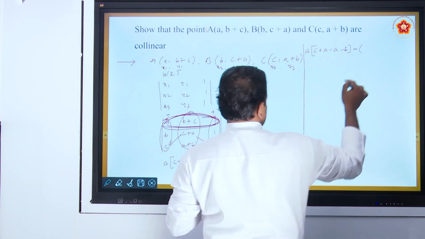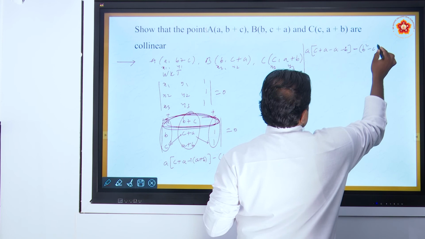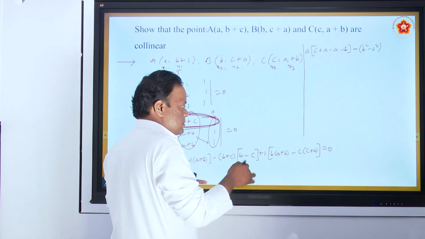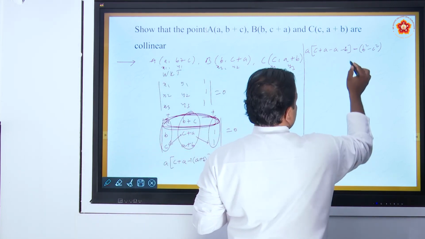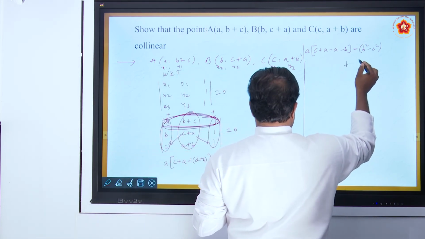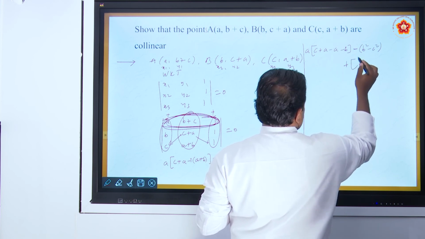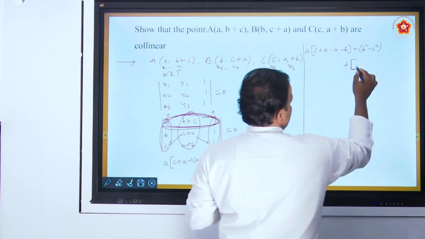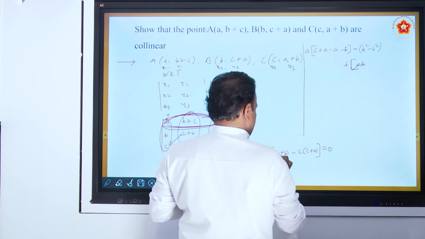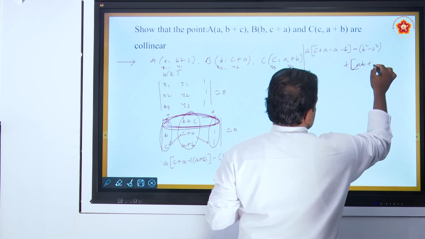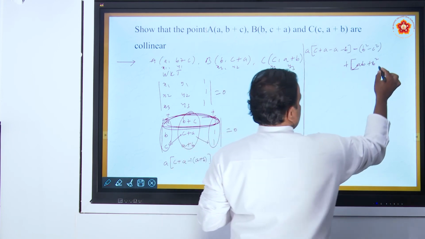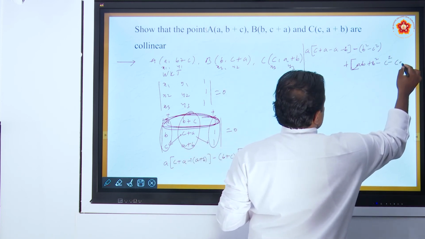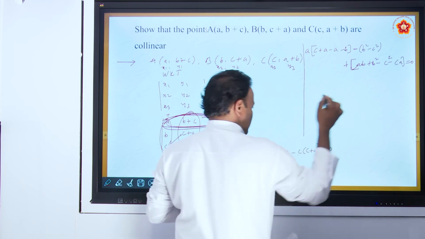Write it in brackets because outside is a minus sign, B square minus C square, correct? Otherwise you multiply B to all the terms, C to all the terms, same answer. Plus C, so no need to write 1 here. B into A, AB, B into B, plus B square, minus C into A, sorry, C into C, C square minus CA equal to 0. You can show that it is 0.